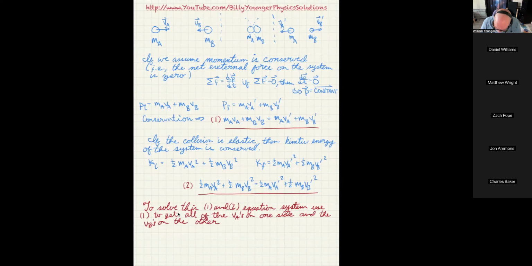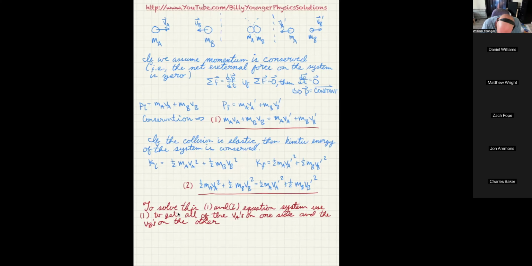I'm going to take equation one and I'm going to subtract MA VA prime from both sides. And I'm then going to subtract MB VB from both sides.